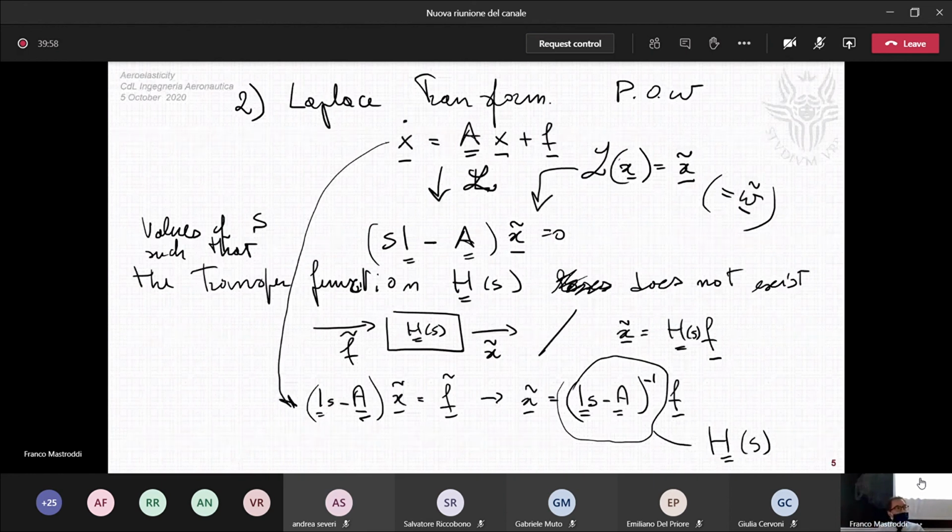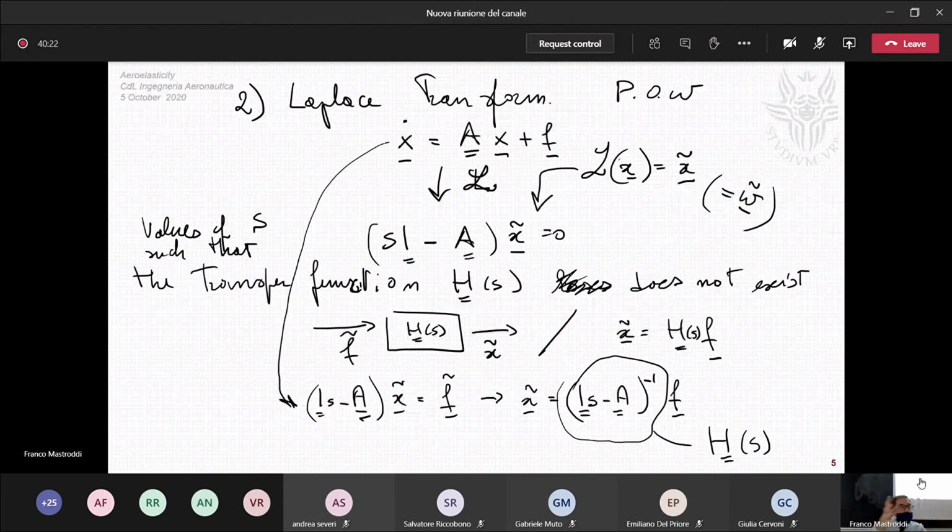Why do we want to keep the second order form? The answer, for control people, is just like a chorus against control people. Because if I keep the second order form, I can see matrices which have physical meaning for me. I can see a mass matrix, I can see a stiffness matrix.